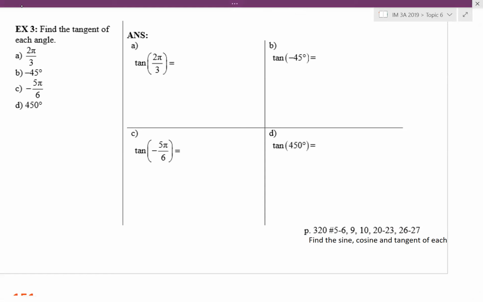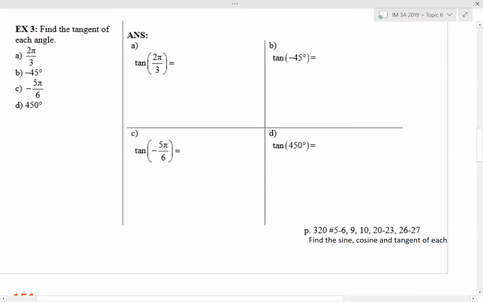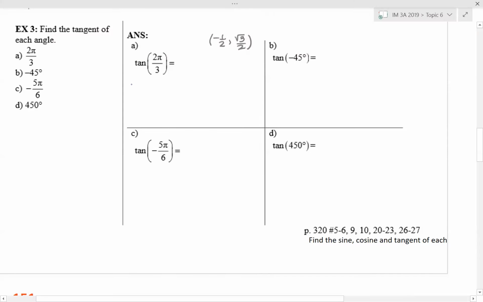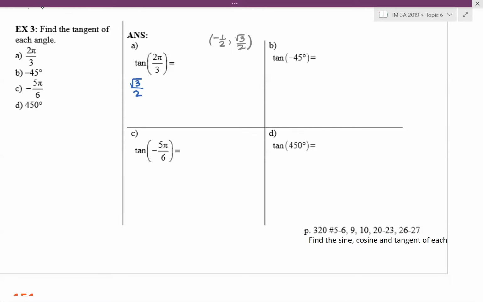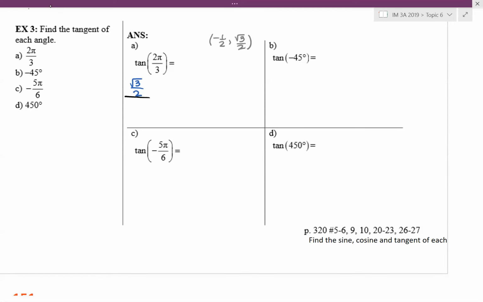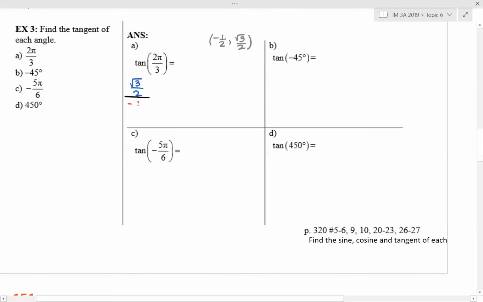So when we have 2 pi over 3, remember that the ordered pair at 2 pi over 3 is negative 1/2, comma, root 3 over 2. Okay, so the equation for tangent is y over x. So we're going to take radical 3 over 2, which is our y value, and put that over our x value, which is negative 1/2.